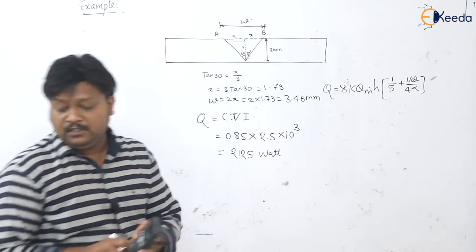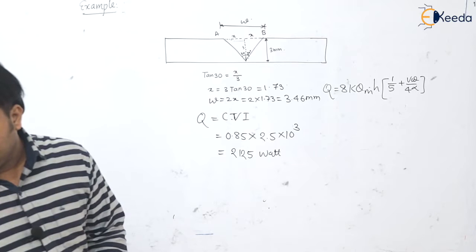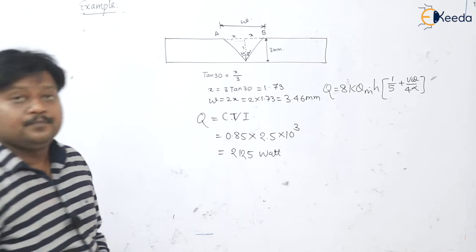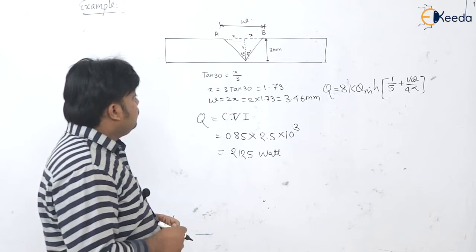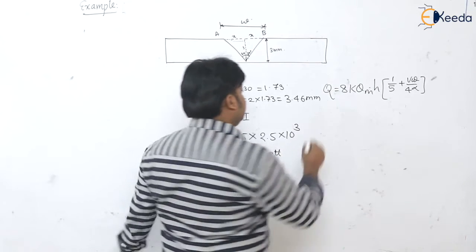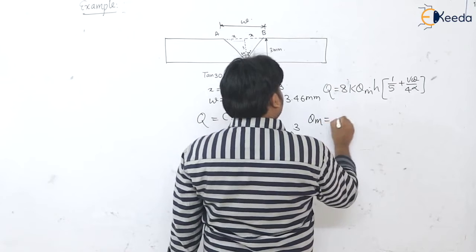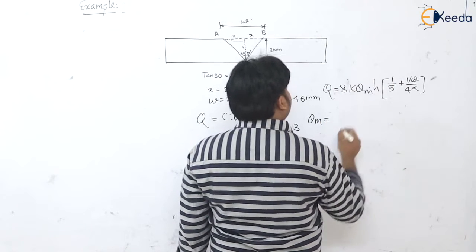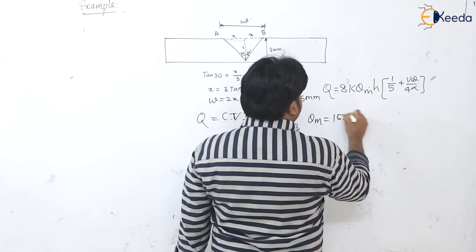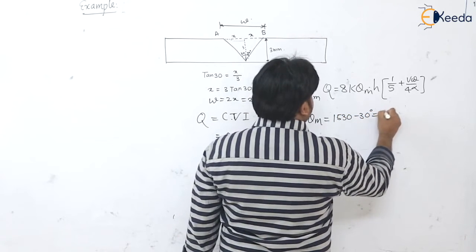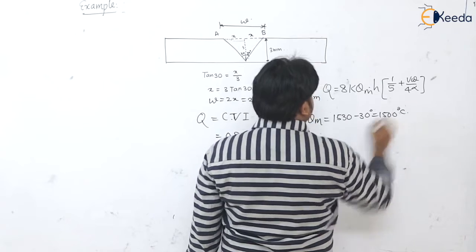So we got the value of Q. Now theta m is the temperature difference from melting point to ambient: 1530 minus 30, so it is 1500 degrees centigrade.